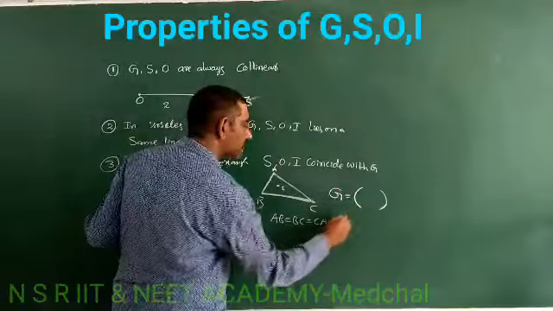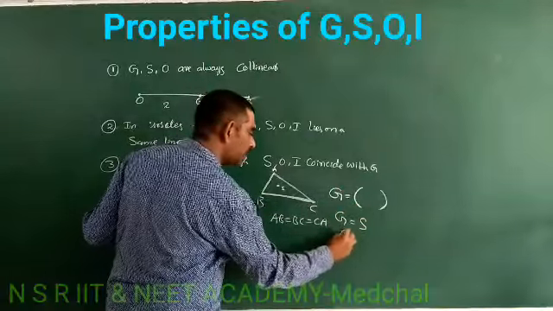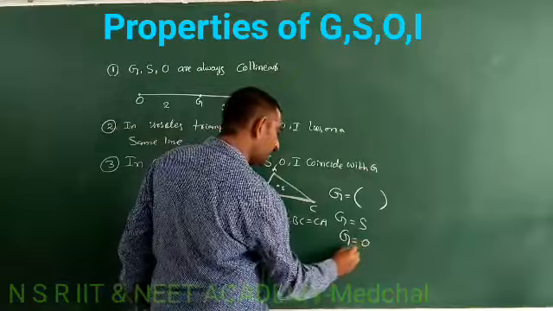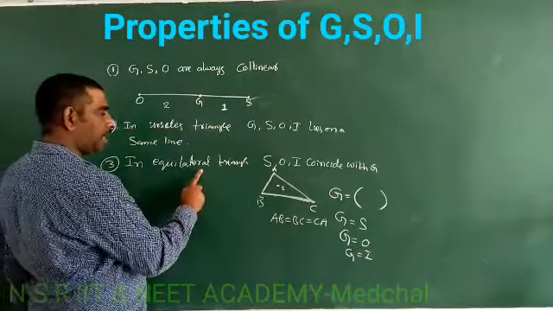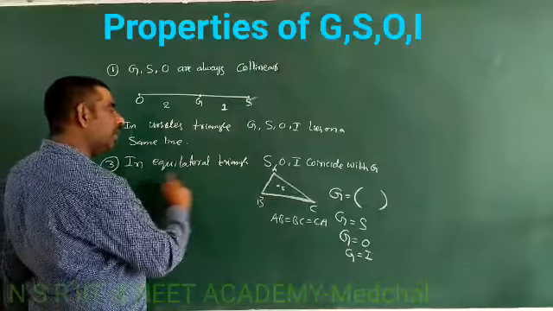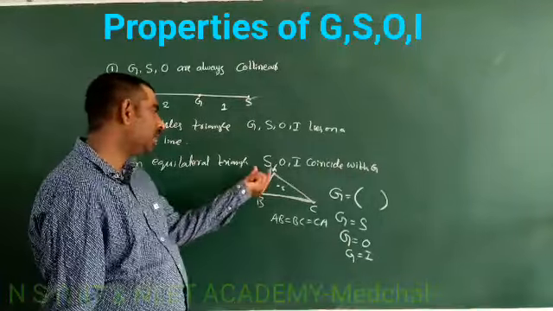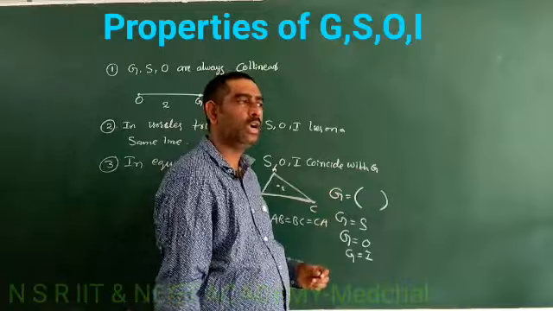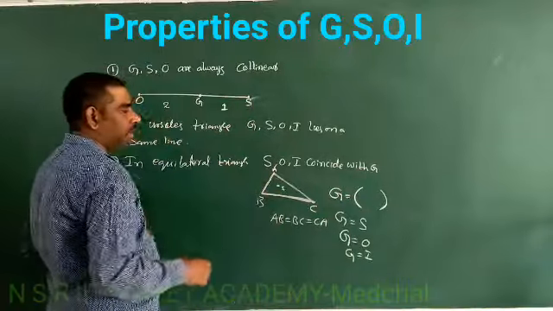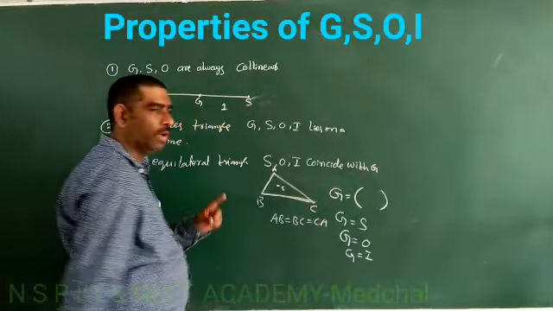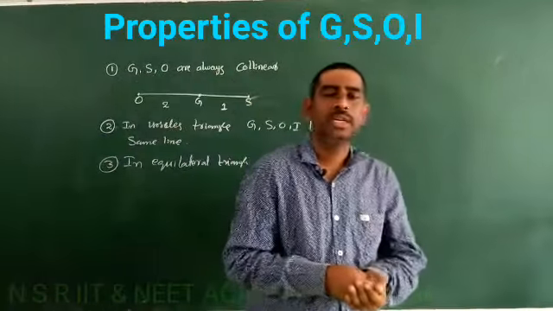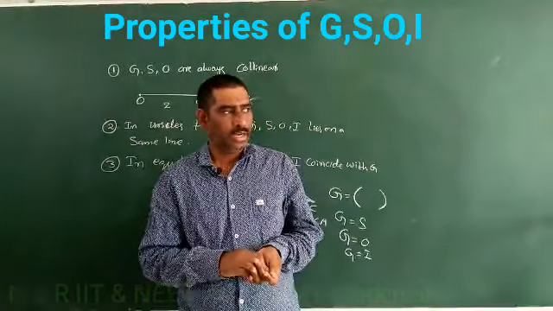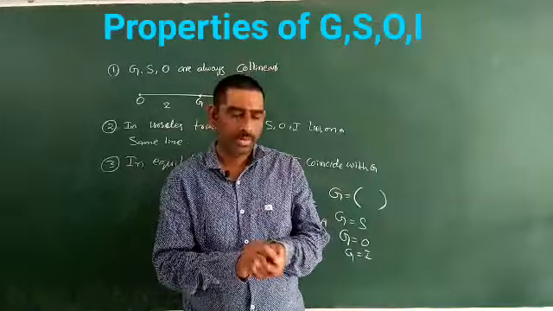Why? Because the centroid is equal to the circumcenter, the orthocenter and the incenter. When the given triangle is equilateral, the circumcenter, orthocenter, incenter and centroid all coincide at one point. So this is about the circumcenter, orthocenter, incenter, centroid, excenter and their properties.